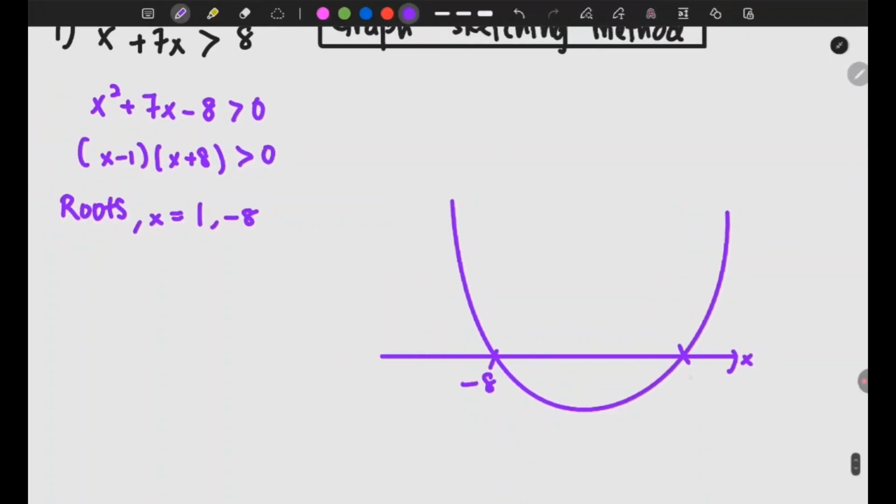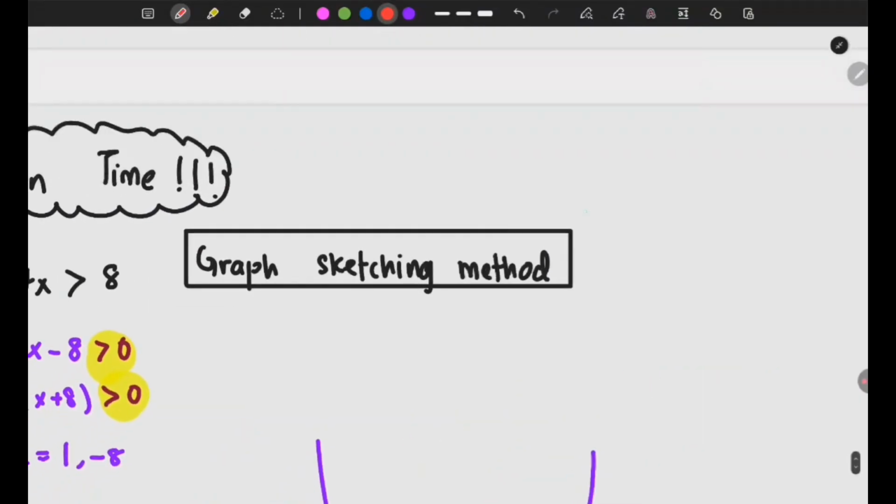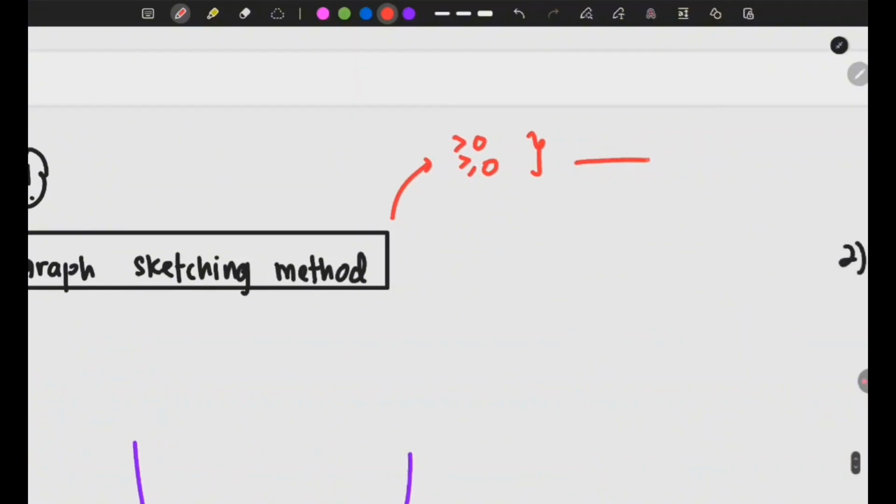I did tell you, right? I write here again. The answer will be the same. And here is x is less than something and x is more than something.